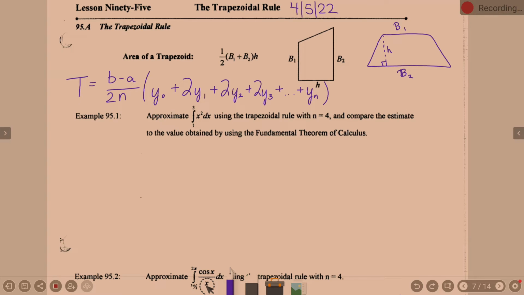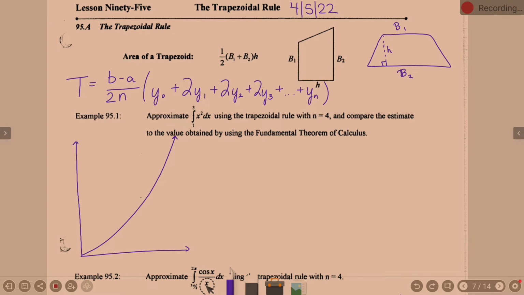So let's think back to if we were doing rectangles under the curve, except we're going to do trapezoids under the curve. The curve is x squared from 1 to 3. What does x squared look like? It's a parabola. And we're looking at this parabola from 1 to 3.